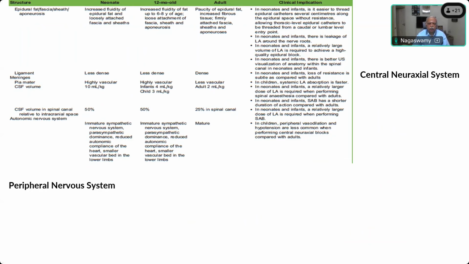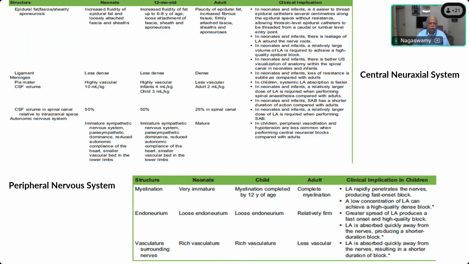And peripheral nervous system, the myelination, the endoneurium, vasculature are all different between the neonate and the older children. So myelination is not complete until the child is 12 years of age. Okay? Then only it gets completed. And the endoneurium is loose, so the drug will be easily taken up.